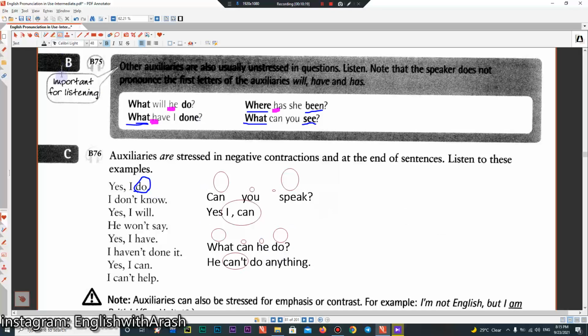So here I say, can you speak? Stress is not on can, it's just a question. Can you speak? But then when you want to answer, you say, yes, I can. That is strong again. At the end of your short answers, they get strong again. You pronounce them louder. So let's listen.